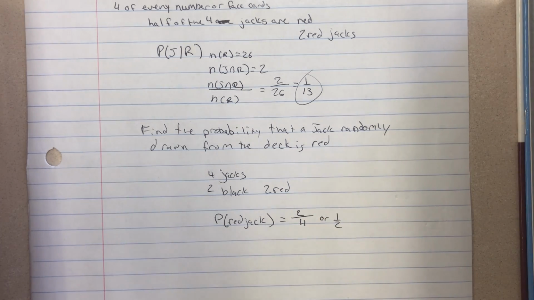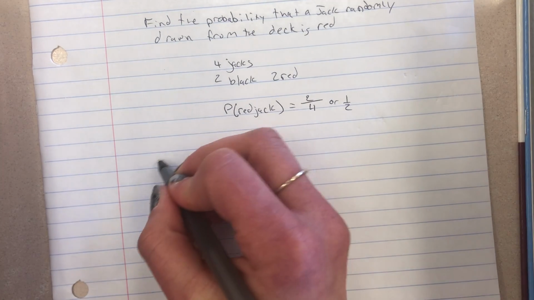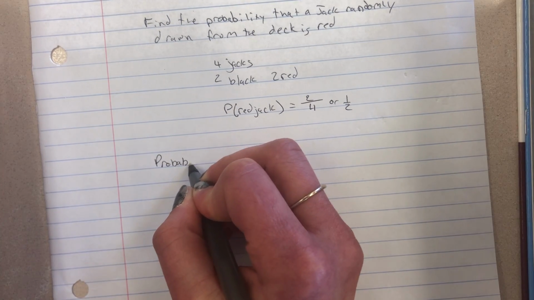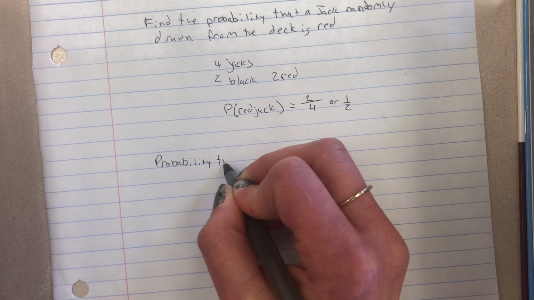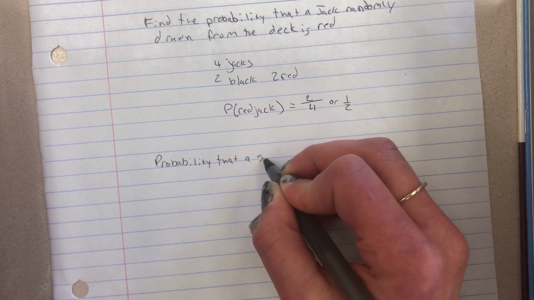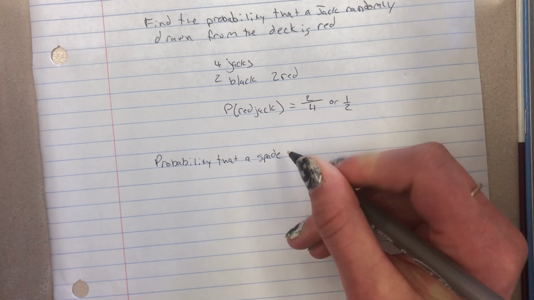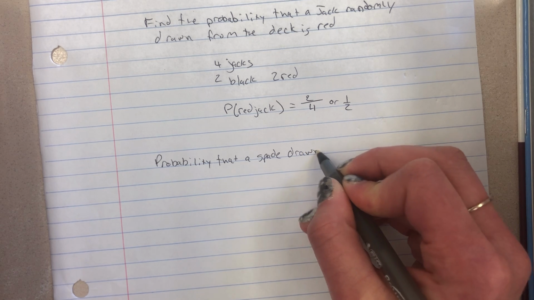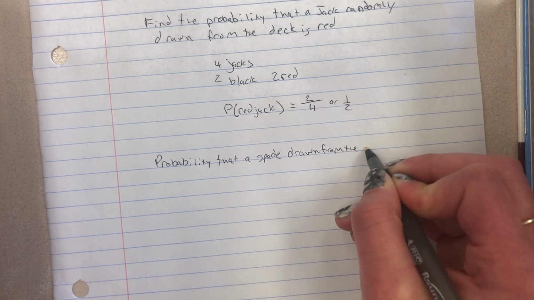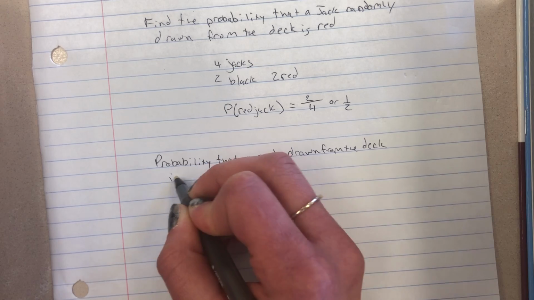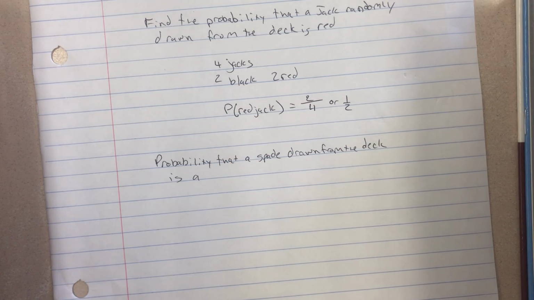And let's do one more using a standard deck of cards. Let's find the probability that a spade drawn from the deck is a face card.